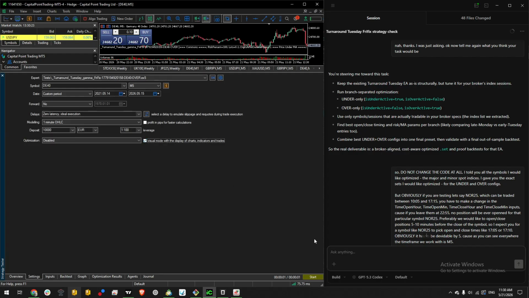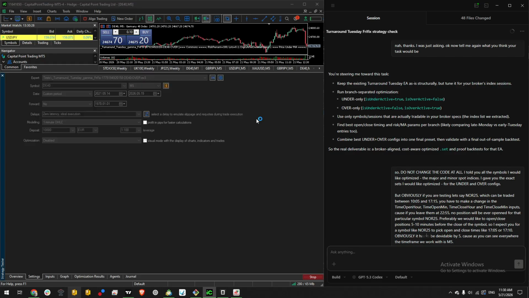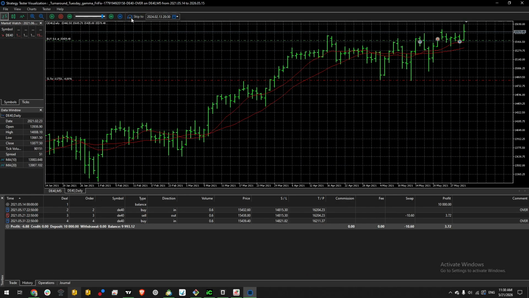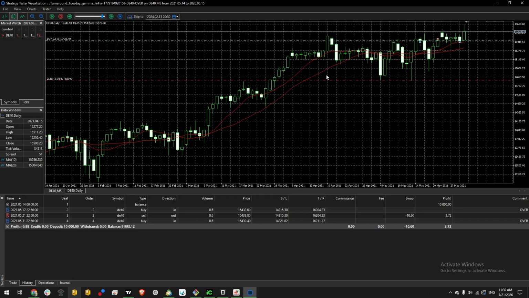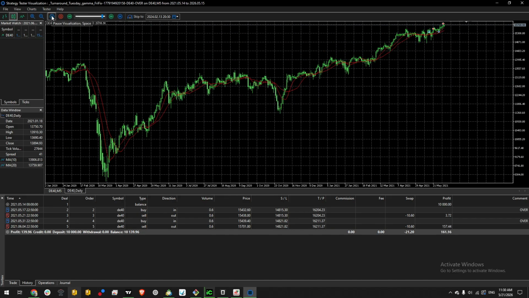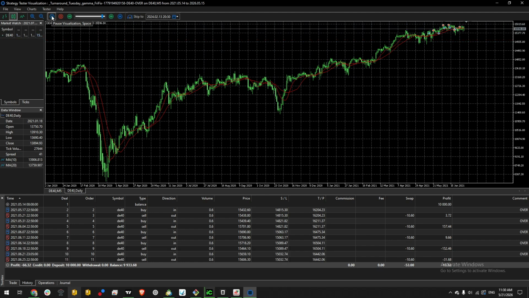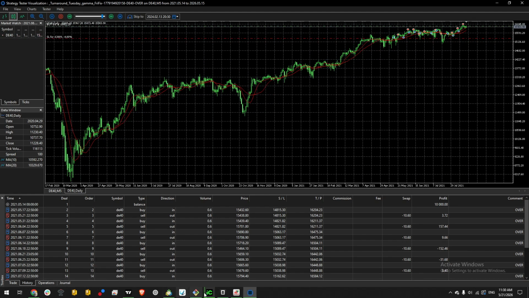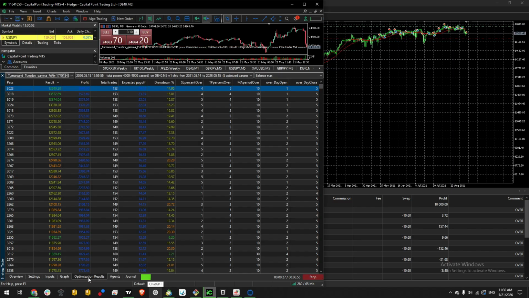And let's see how it goes in visualization mode. Not as pretty, is it? As we can see from the results, it is not as successful.